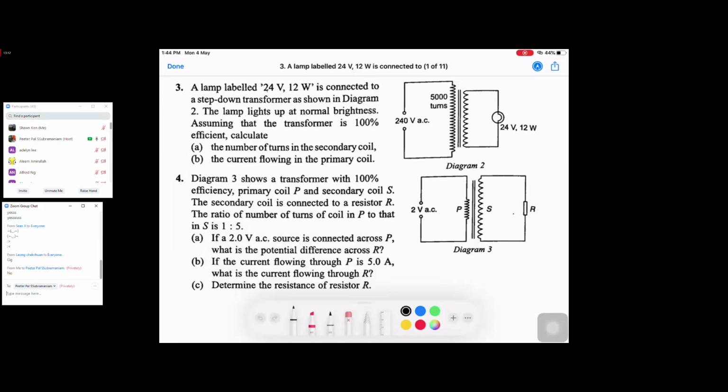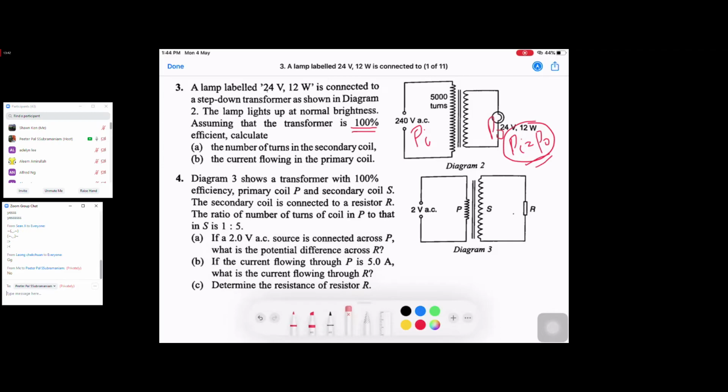The lamp lights up at normal brightness, assuming that the transformer is 100% efficient. What is 100% efficient? Whatever input power and whatever output power, we assume both are equal. When the input power is equal to the output power, we say 100% efficient.